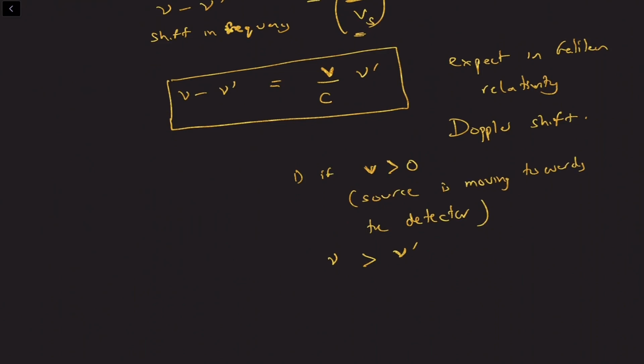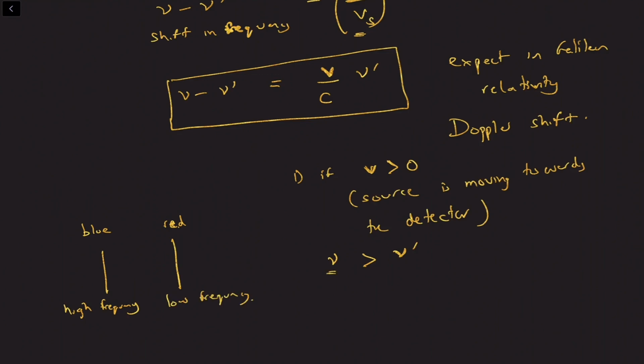And if you think about the visible light spectrum, okay, the visible light spectrum, let's say, goes from blue to red. Blue colors are high frequency colors. The wavelength of light is smaller, or they have larger frequencies, and red is low frequency.